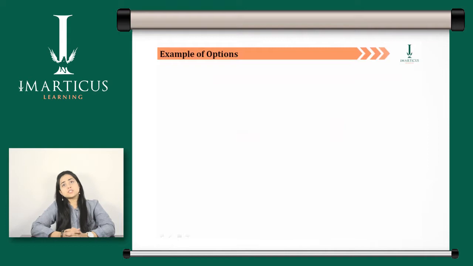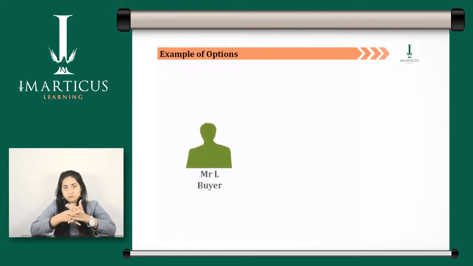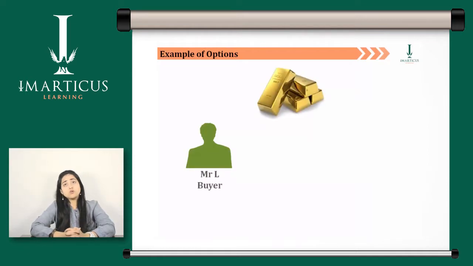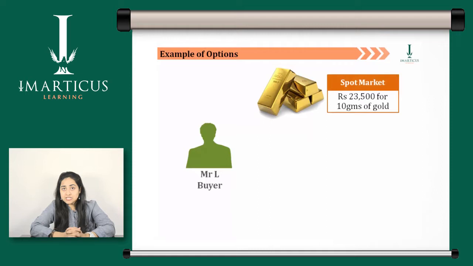Let us further understand how commodity options work with the help of an example. Let us say on 1st April, Mr. L looks at the gold market and sees the spot market at rupees 23,500 for 10 grams of gold.